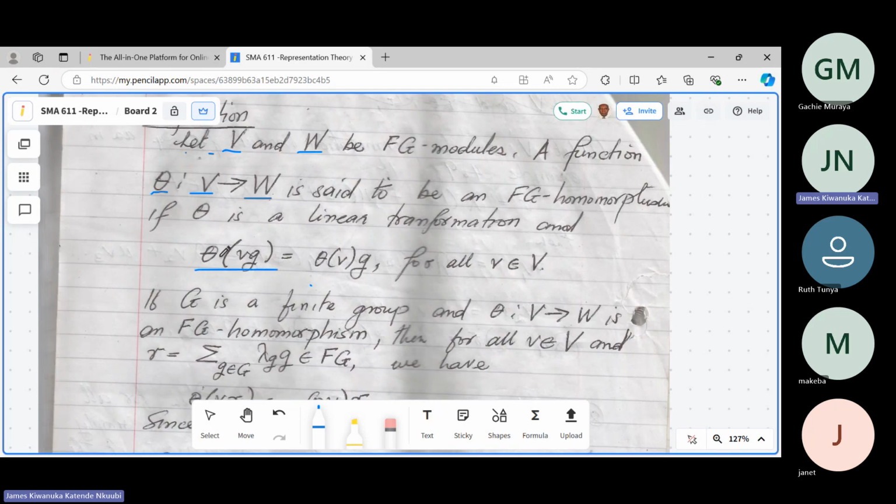In other words, the image of the action of G on V is the same as the action of G on the image of V. And that should be true for all the elements in your FG module V.